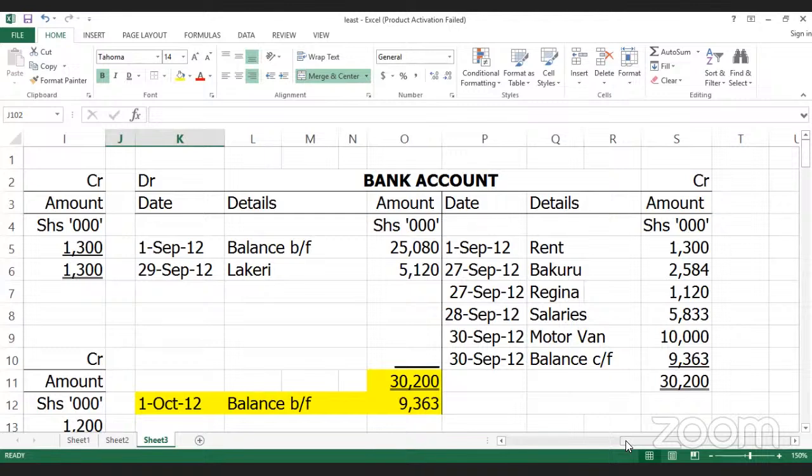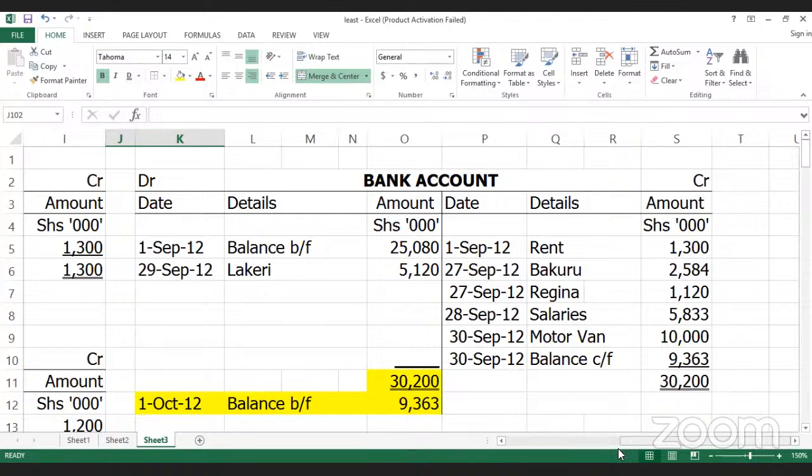Okay, bank account. Now, the bank account, as you can see, has a debit balance of 9,363,000. So what do we do?